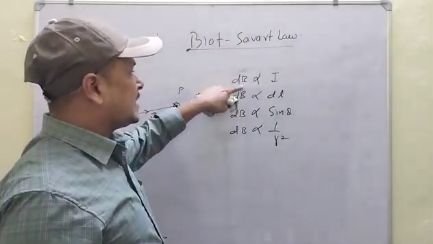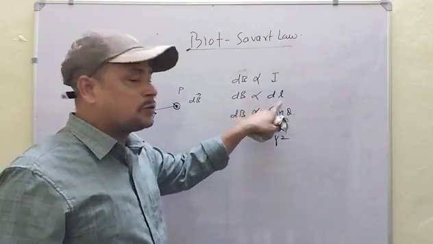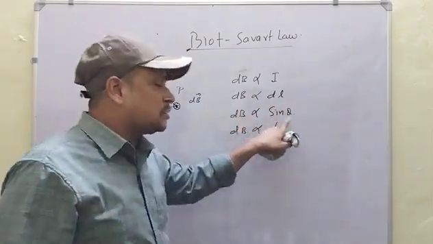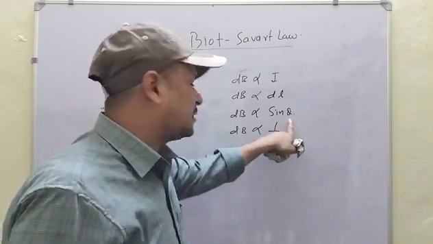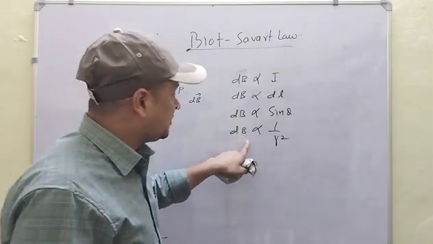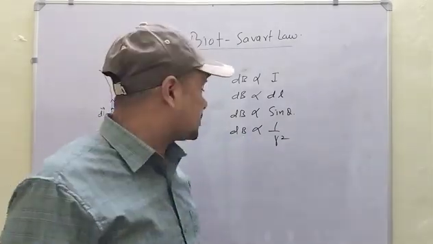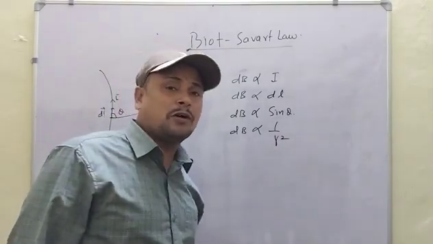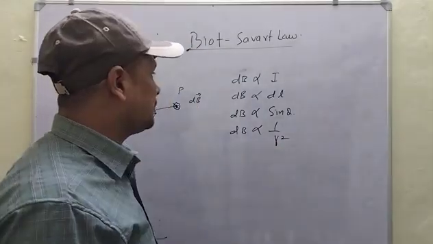So the magnetic field is proportional to I, proportional to the element, proportional to sine of the angle between position and the element, and inversely proportional to the square of the position where we are finding the magnetic field.